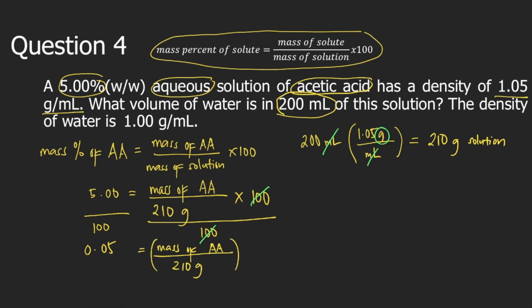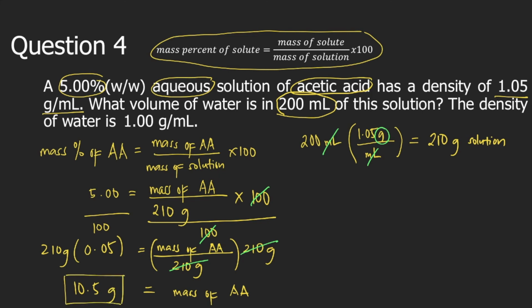If you multiply both sides of the equation by 210 grams, 210 grams will cancel on the right side, and what's left on the right side is the mass of acetic acid. On the left side, you have 210 grams times 0.05. This is equal to 10.5 grams. So the mass of acetic acid is 10.5 grams.